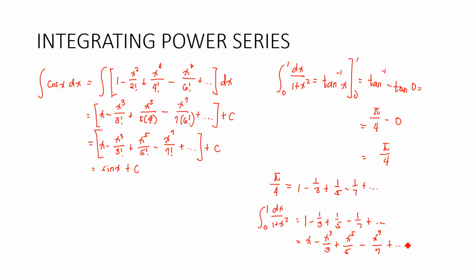So this would be just equal to 1 minus 1/3 plus 1 over 5 minus 1 over 7 plus so on. Okay, so the preceding computations are justified by the following theorems.